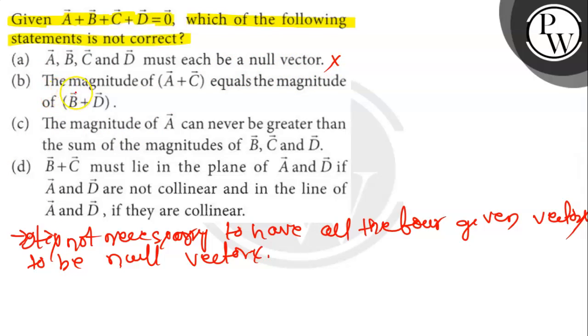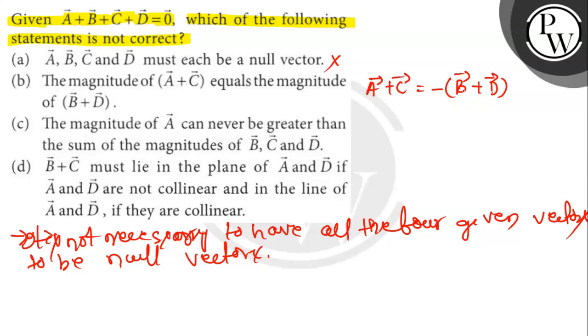And B says the magnitude of a vector plus c vector equals the magnitude of b vector plus d vector. Okay, so a vector plus b vector plus c vector plus d vector is equal to 0. That means a vector plus c vector is equal to minus of b vector plus d vector.